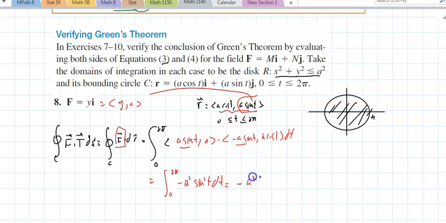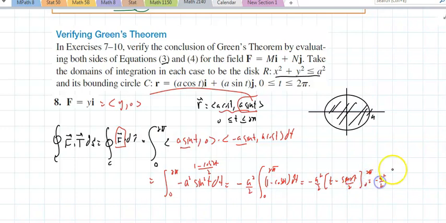That would be negative a squared over 2, the integral from 0 to 2 pi of 1 minus the cosine of 2t, dt, and that would be negative a squared over 2 times t minus the sine of 2t divided by 2, from 0 to 2 pi, negative a squared over 2 times 2 pi. If you plug that in, that's 0 minus 0, so that is altogether negative pi a squared.